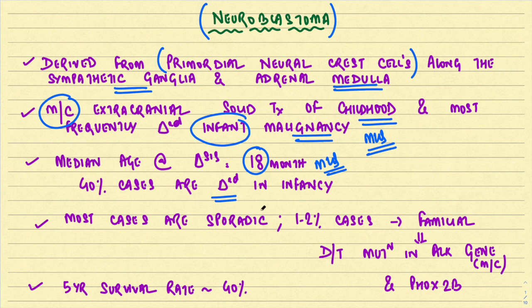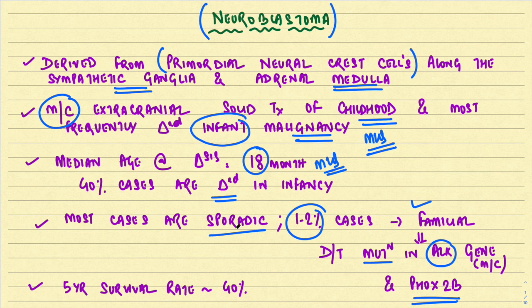Most of the cases are sporadic in nature, whereas only 1 to 2% of the cases are familial, and it occurs because of mutation in the ALK gene. Familial neuroblastoma can occur because of mutation in several genes, but the most common is the ALK gene. Another gene that can lead to familial neuroblastoma is PHOX2B gene mutation as well.